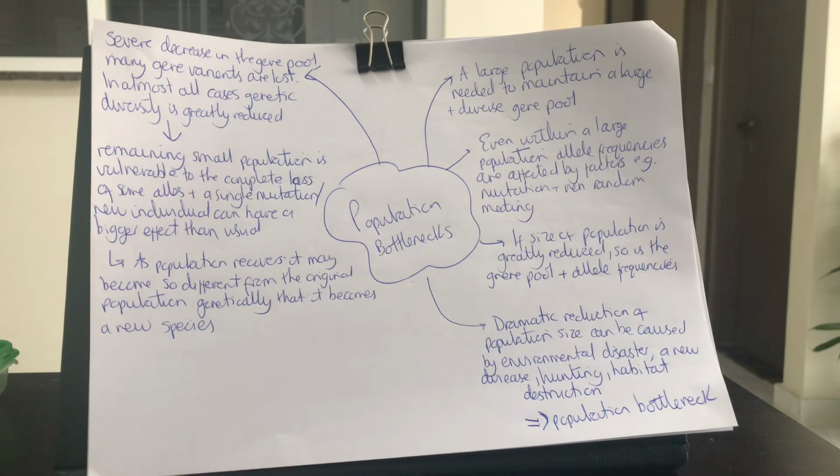Your remaining small population, what you're left with after your population bottleneck, is vulnerable to the complete loss of some alleles, and a single mutation or a new individual can have a bigger effect than usual. We've spoken about this previously: if you've only got 10 organisms in a population and one of them has a mutation, it's far more likely that mutation is going to be passed on and increase in frequency, because there's only a smaller number of organisms to mate with each other.